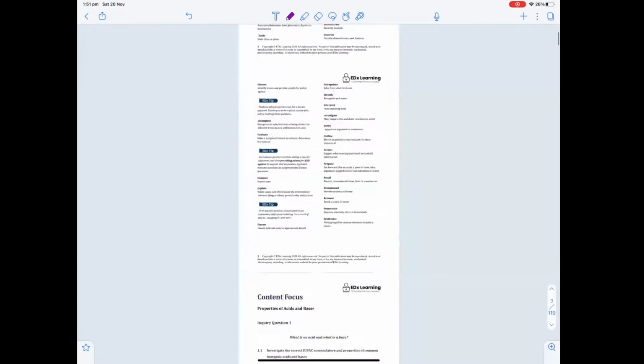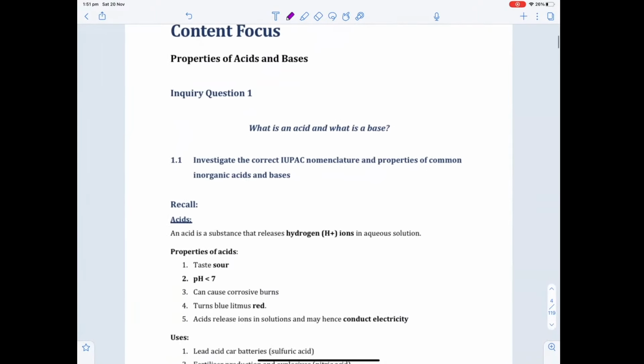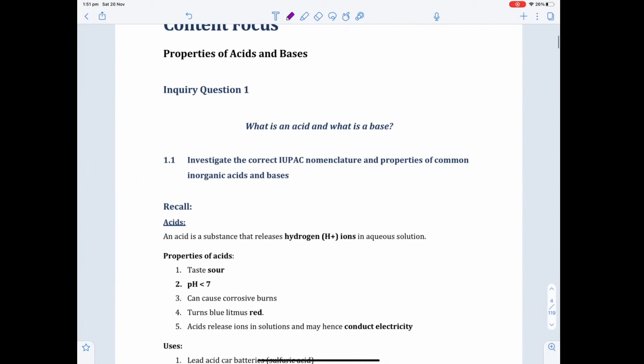Very good. So we're going to skip the key verb. Let's come here to the inquiry question. Now we've already described and defined what an acid is, right? An acid and a base is to do with hydrogen and hydroxide ions. Now what was the limitation with that theory, Father? What was the end that we had for the definition of an acid and a base?